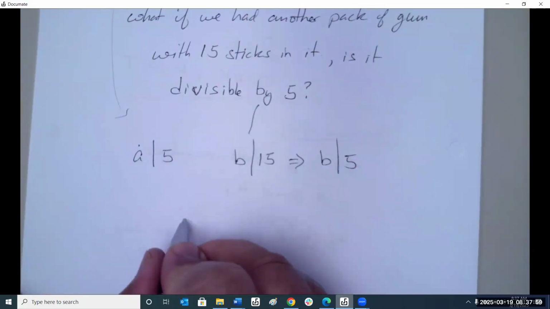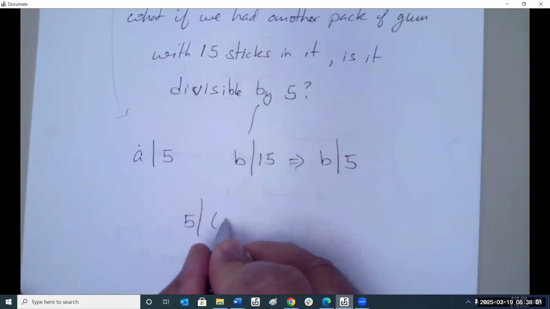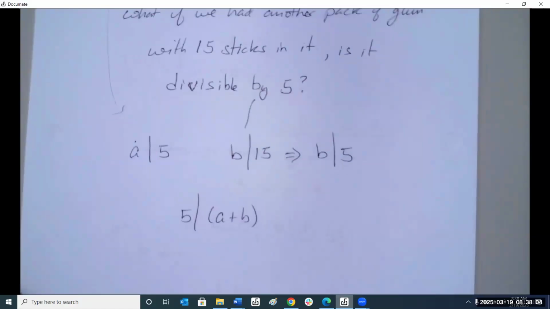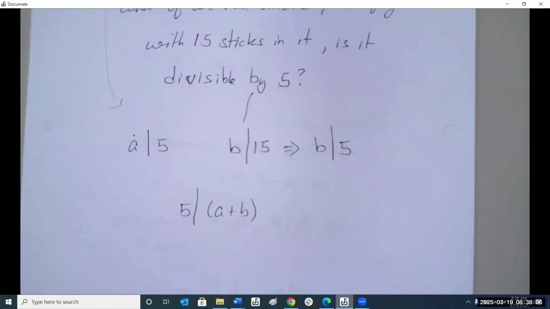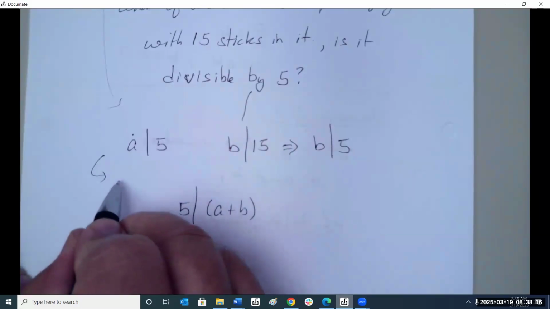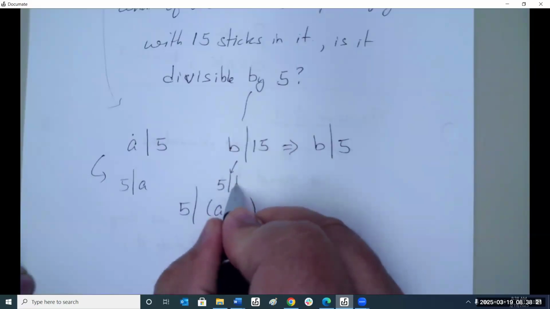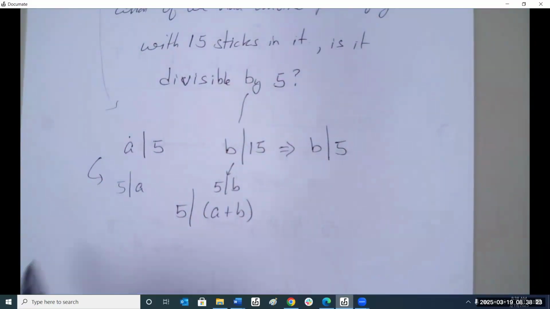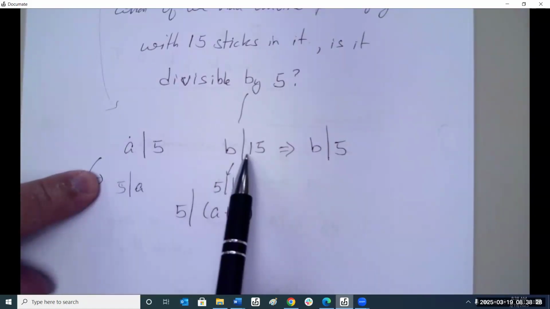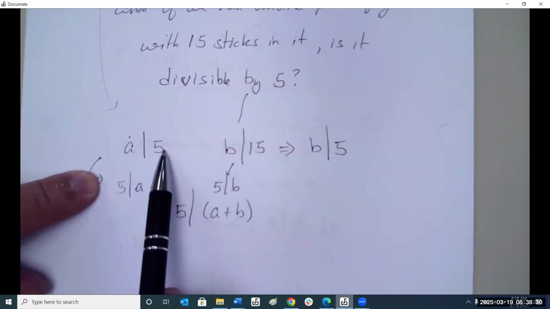We can also say this, because with these, if 5 goes into A and 5 goes into B, I know that's true because A is divisible by 5.